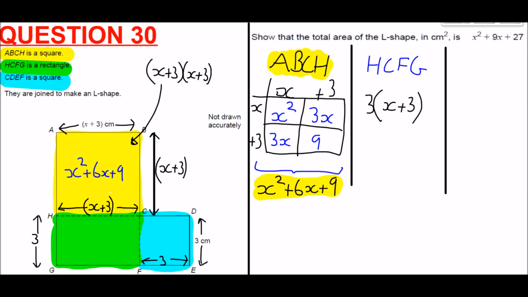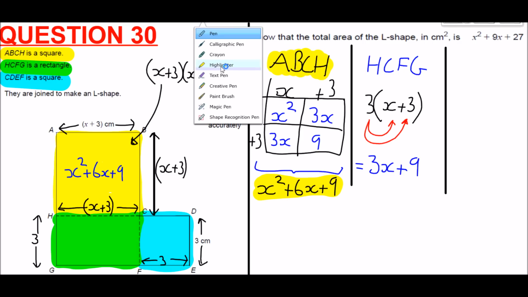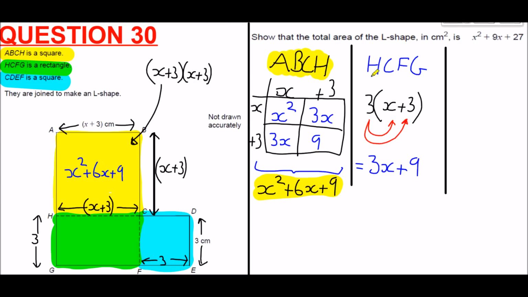Now we just need to expand out the brackets. One times the other, just multiply it out. So first of all, 3 times x, and then 3 times 3. 3 times x gives us 3x, and 3 times 3 gives us 9. And so for the green rectangle, HCFG, the area of that is 3x plus 9.